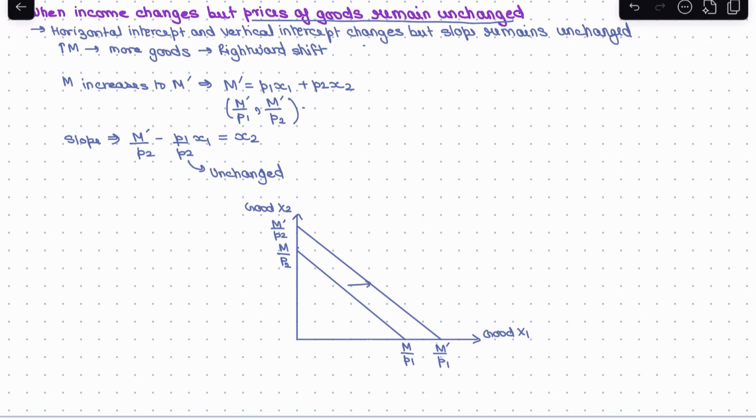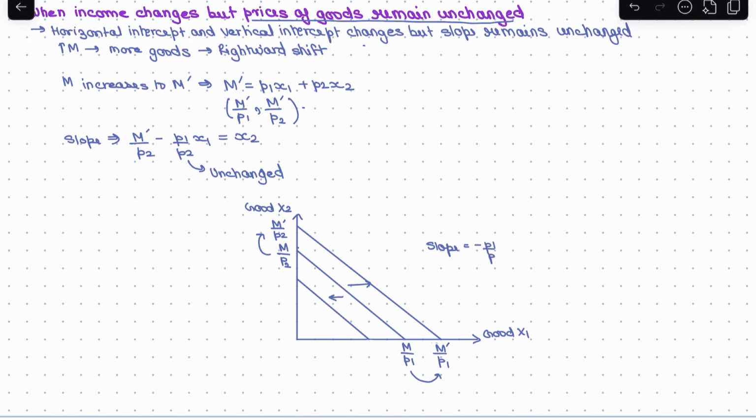So if the income falls, the budget line will shift parallelly, but that shift would be inwards, or you could say a leftward shift. Here we have to remember that the intercepts for both the axes will change, yet the slope of the line will remain unchanged.